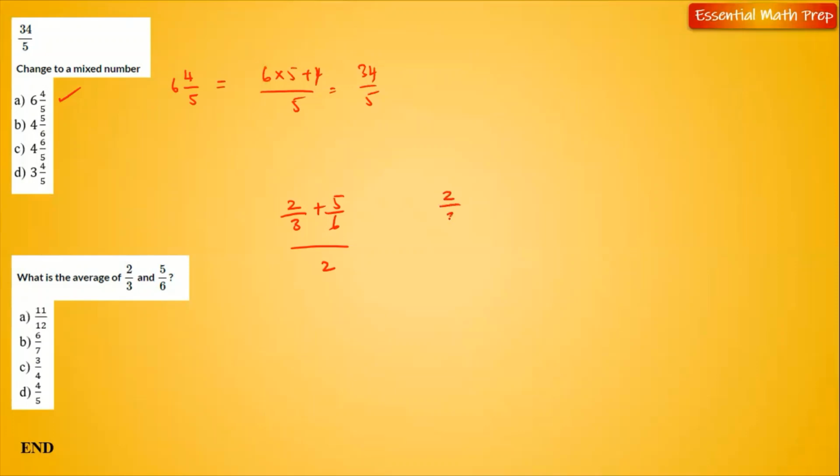So it's 2 over 3 plus 5 over 6. The common denominator is 6. So 3 times 2 is 6, so 2 times 2 is 4. 6 times 1 is 6, so 1 times 5 is 5. So it's 9 over 6. We can reduce this even further. It's 3 times 3 over 3 times 2, right? So it's 3 over 2 divided by 2.